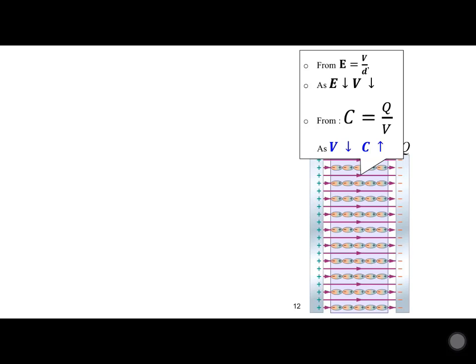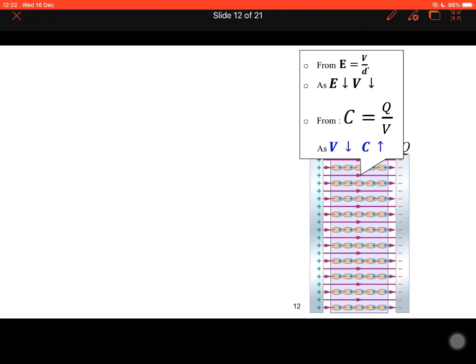And when the voltage decreases, because C is inversely proportional to the voltage, the capacitance will increase, and it all starts because of the electric field.